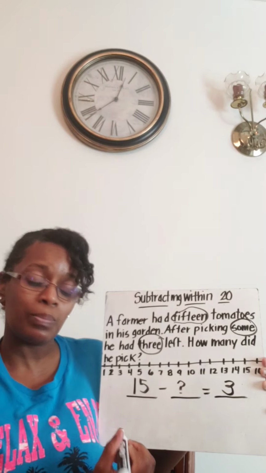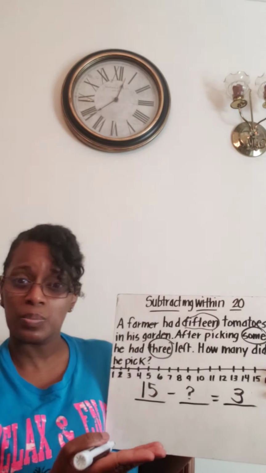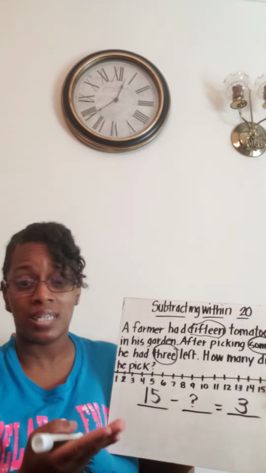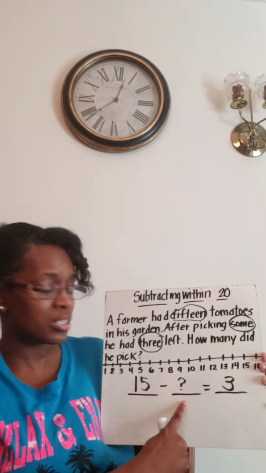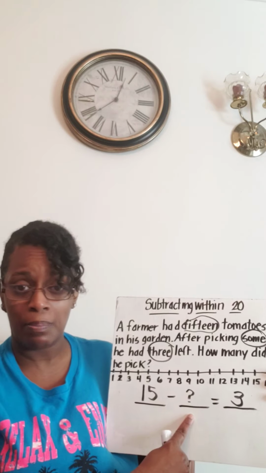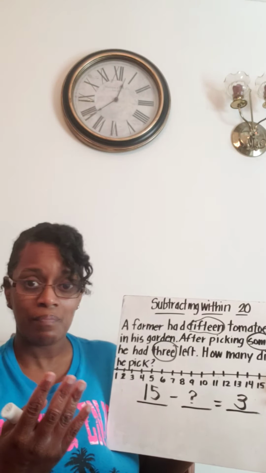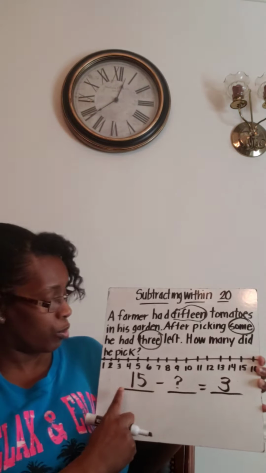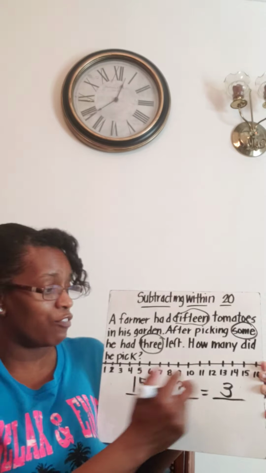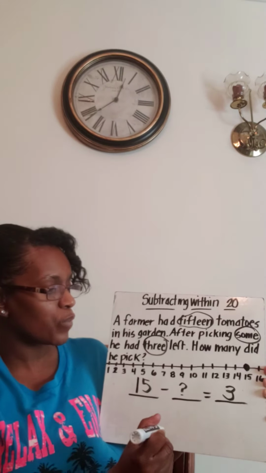So this is, boys and girls, really not tricky thoughts, because remember, tricky thoughts can be with our addition problems. But this is just something where we don't know how many he picked. So we're going to do the same thing, okay? We're still going to subtract. So let's start with our number line. We're going to start with what he had first. He had 15 tomatoes. I'm going to start right there, okay?